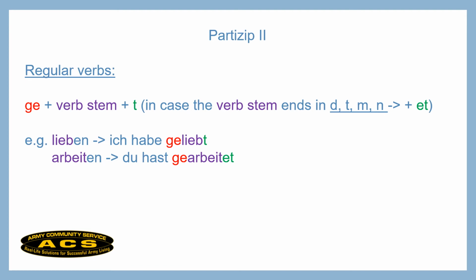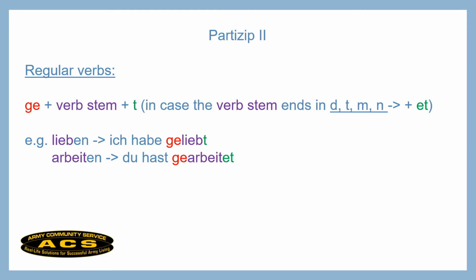I have loved. Now be careful, because if a verb stem ends in either a d, t, m, or n, then instead of just a t, I have to add et. For example, the verb arbeiten.